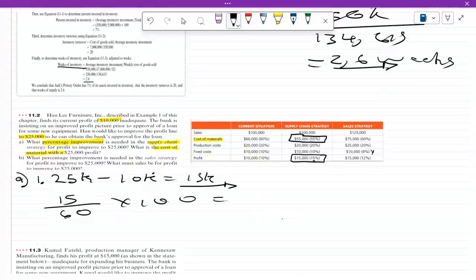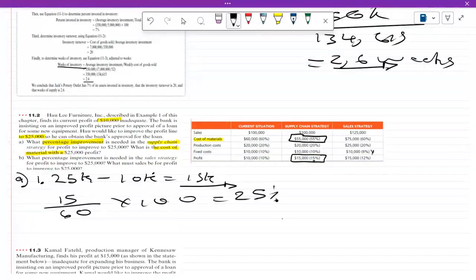So that's your percentage improvement needed on the material basically. So then now we have 15 divided by 60, which is going to give you 25%.